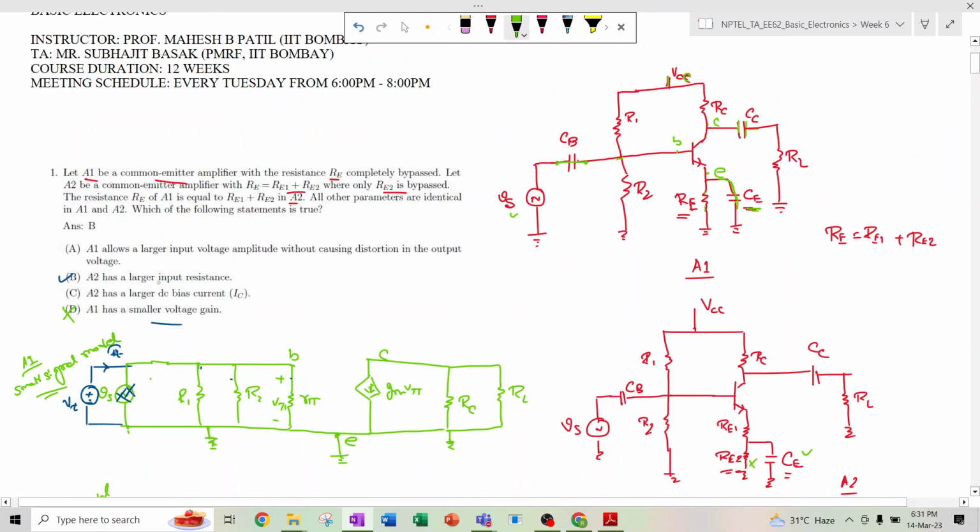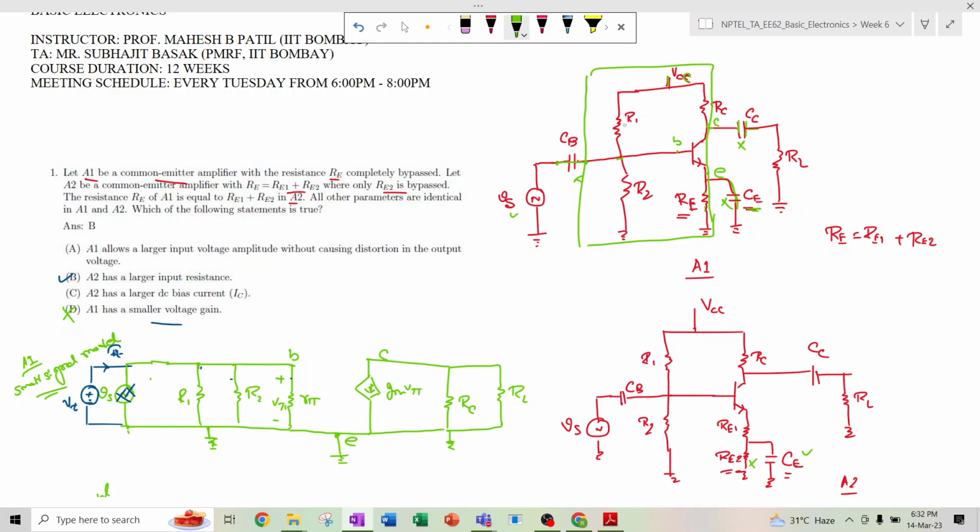In option C, it says A2 has a larger DC bias current. In case of DC analysis, we just ignore all of the capacitances, as I have already discussed. So these capacitances will not work, and we consider the entire circuit for DC analysis.